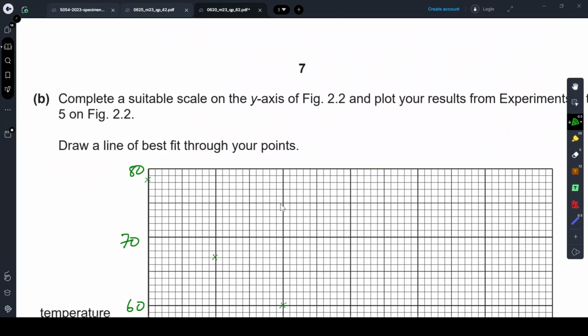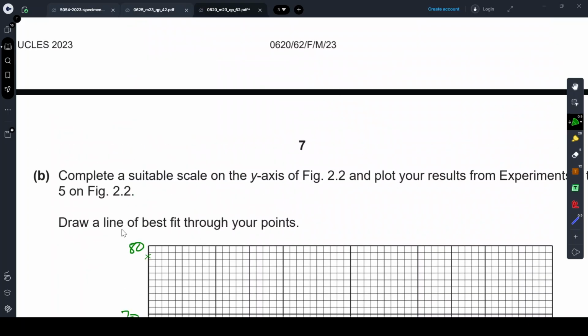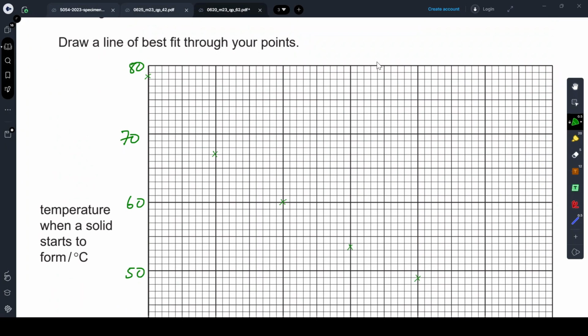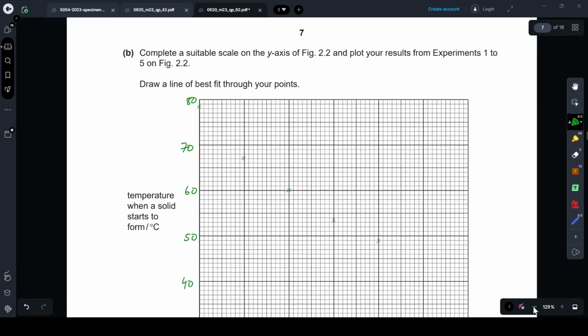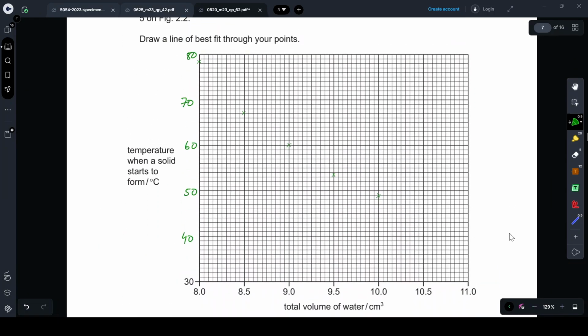They're asking you to draw a line of best fit. That tells you it's not going to be a curve. Best fit obviously means that it's not going to go through all the points accurately, and it doesn't necessarily need to go through point 1 and point 2.